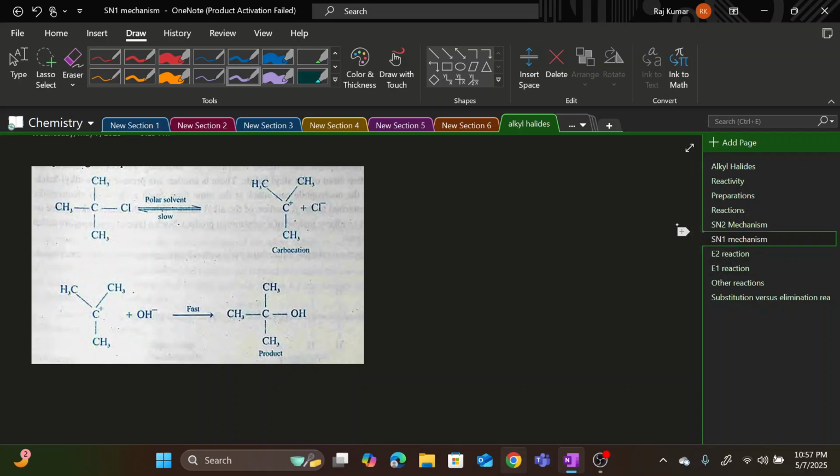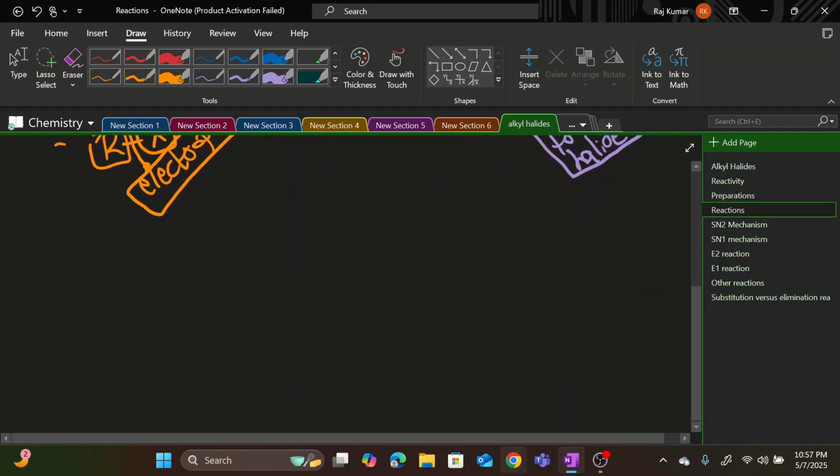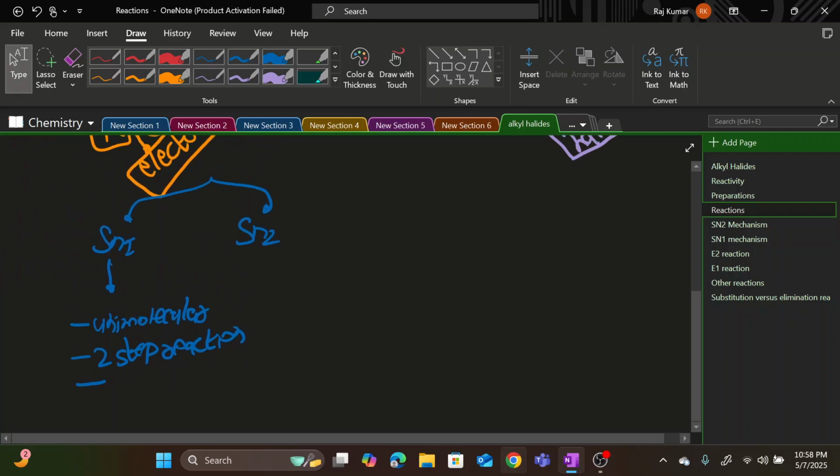The very basic difference between SN1 and SN2 is that the SN1 mechanism is a unimolecular, two-step reaction.